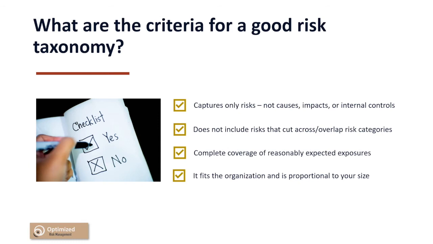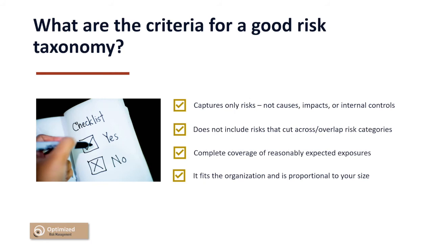So in this example, locking your door is a control because it is intended to prevent a risk from occurring. And not locking your door is the cause of the risk. The impact could be a financial loss, for example. While risk causes and impact are certainly very important to understand and play a role in the management of your risk, these elements are considered elsewhere in the risk management process. So try to maintain your focus on the actual risk, not its cause or impact.